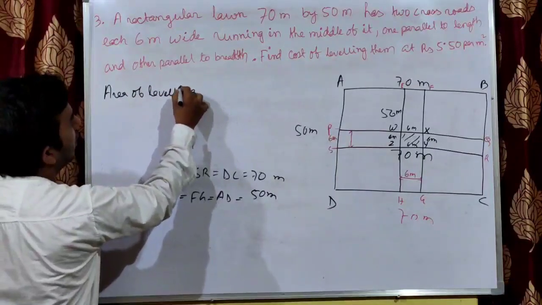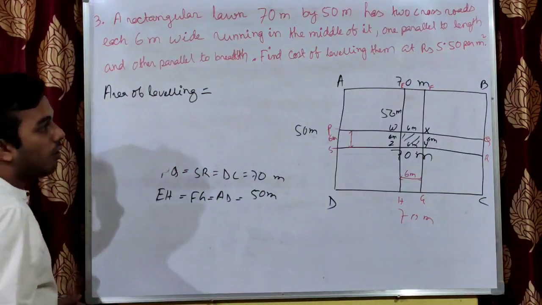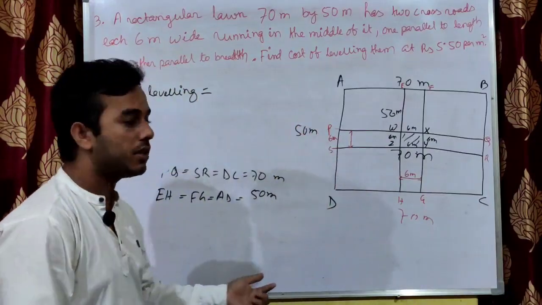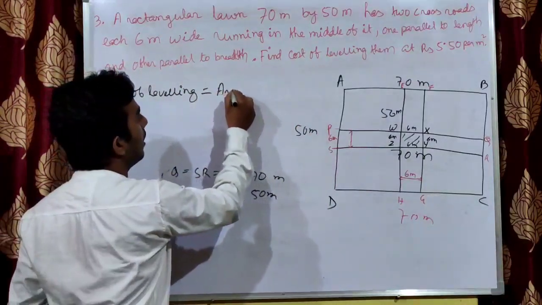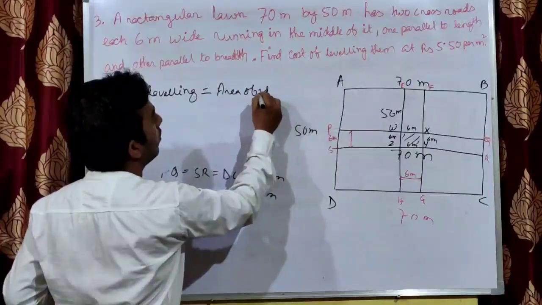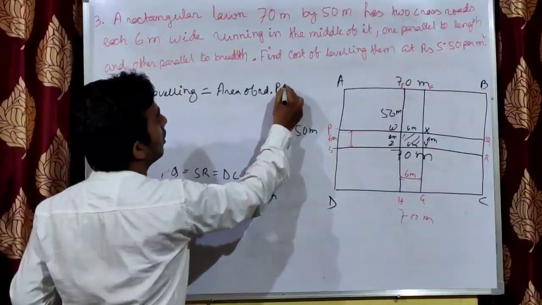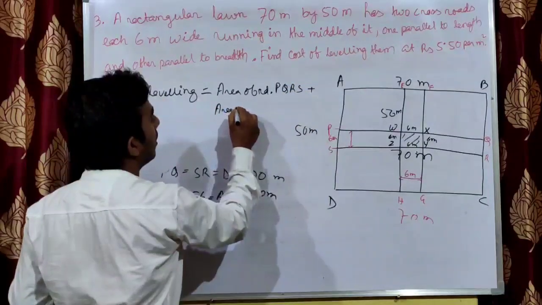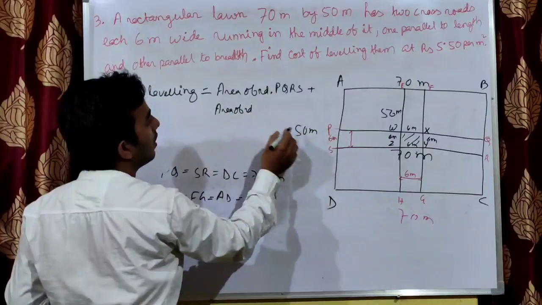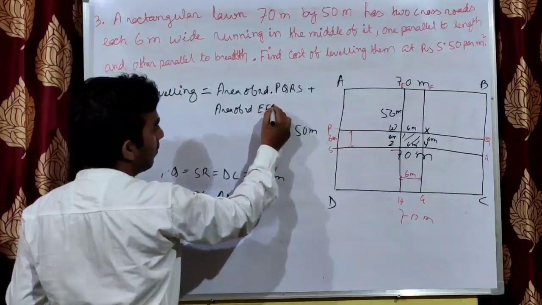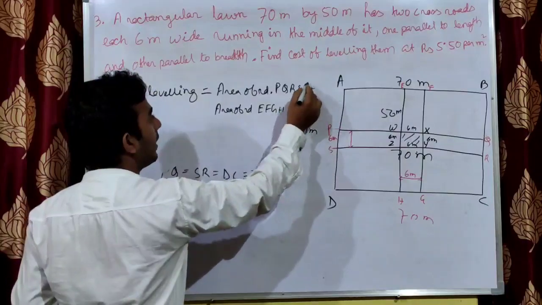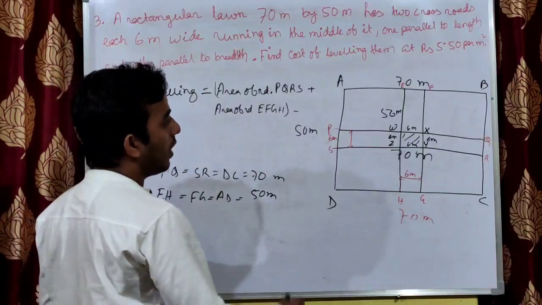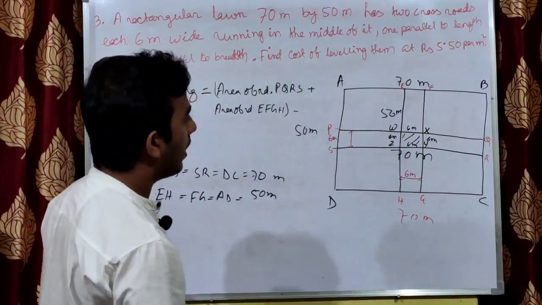Area of leveling will be the area of road PQRS plus the area of road EFGH, then minus the area of square WXYZ.